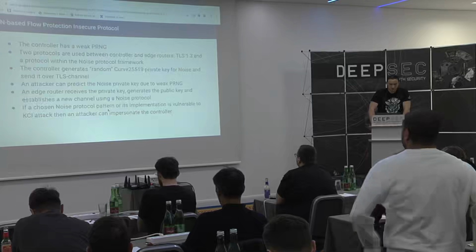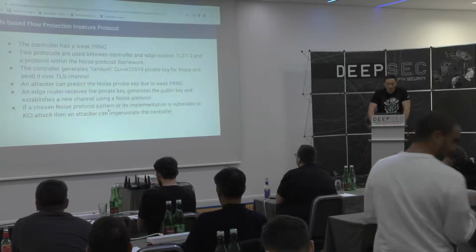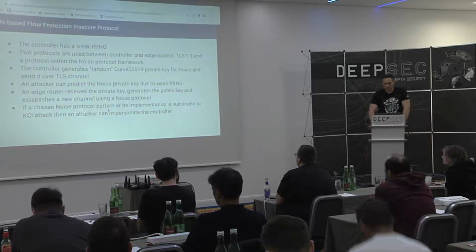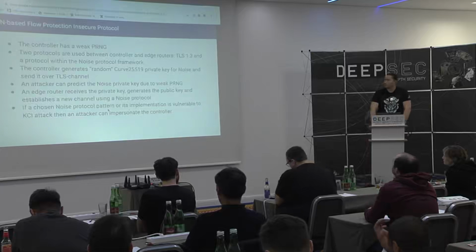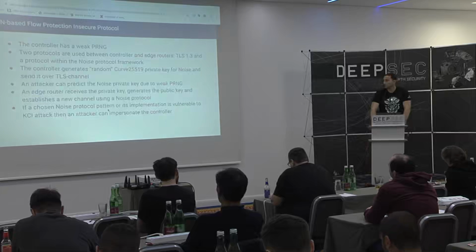Let's suppose that a controller has a weak PRNG. Then 2 protocols are used between controller and edge routers: TLS 1.3 and a protocol with the Noise protocol framework. The controller generates a random Curve25519 private key for Noise and sends it over the TLS channel.